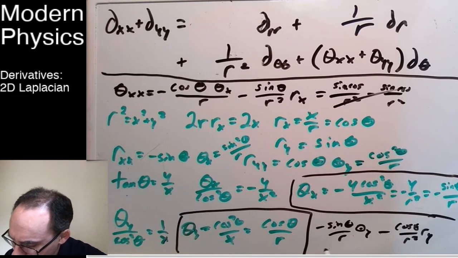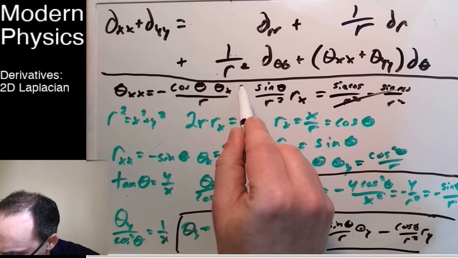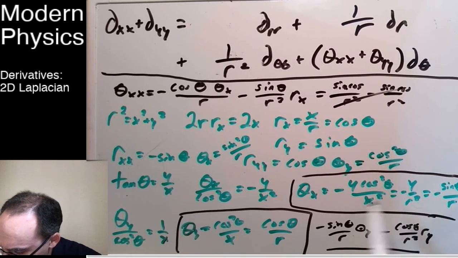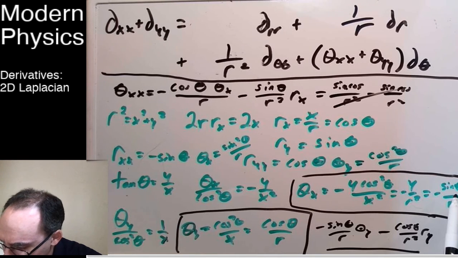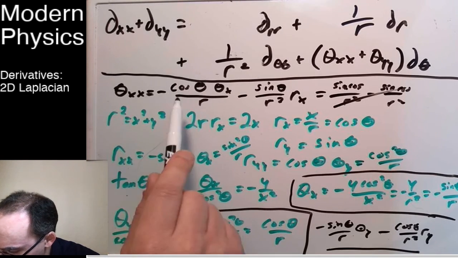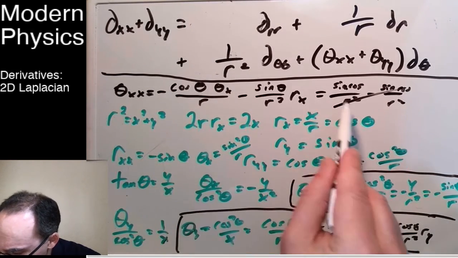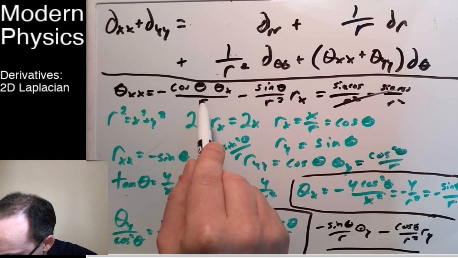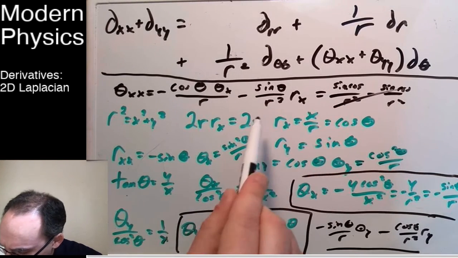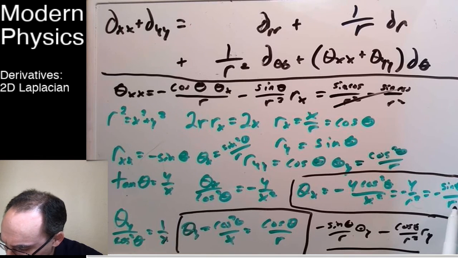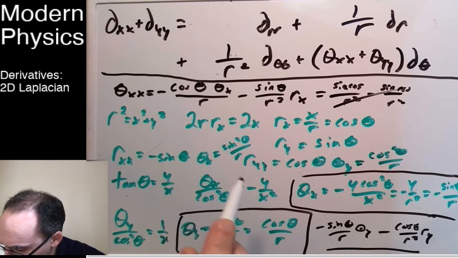let's go back. This term should cancel this term. So I think I just fudged the sign over here somewhere. So let's go back and just make sure. So theta x, if I take the derivative with respect to x, this had a minus sign to begin with. That was true. So if I take the derivative with respect to x, I get cosine theta x over r. Oh, yeah, so that gave us a positive term. That's what I did over there. And then I have the derivative of this one. Oh, I think I see where I went awry.